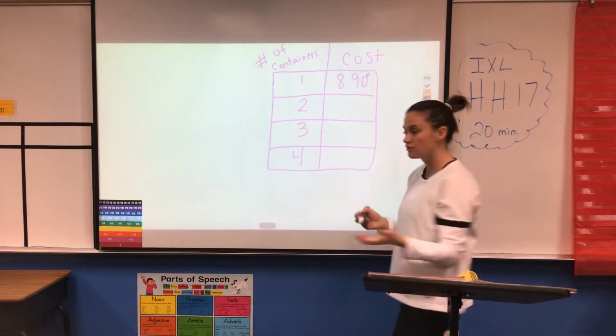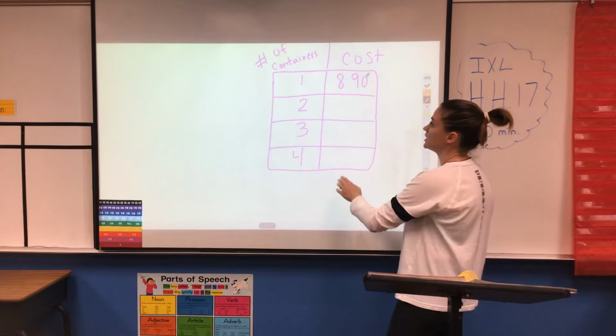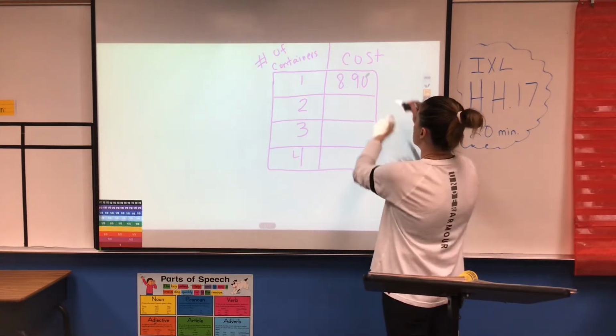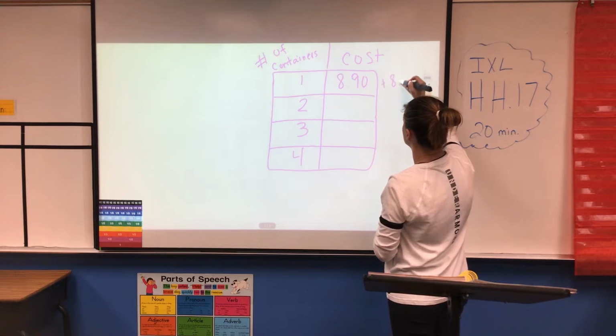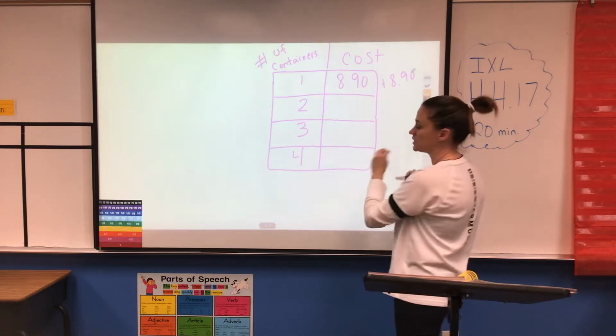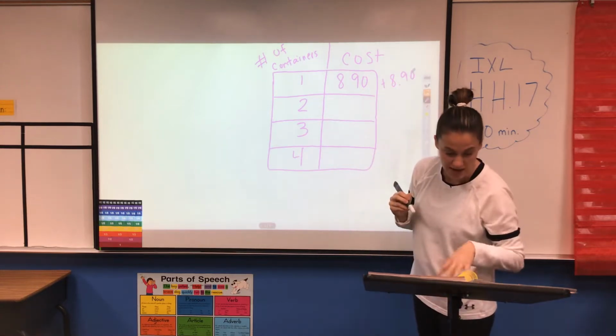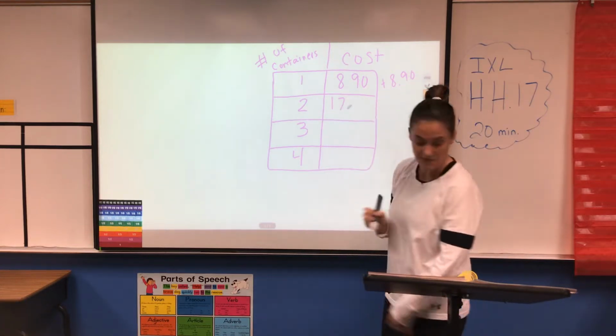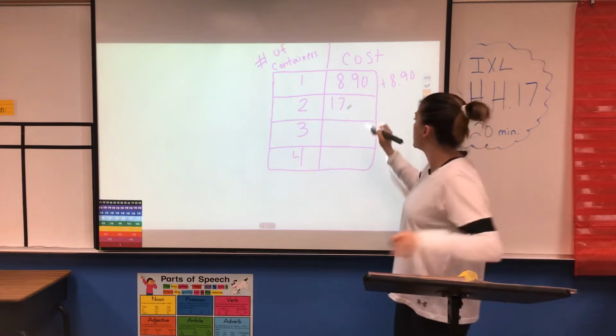So there's a few different ways that you could do this. You can either continuously add $8.90, so you could say $8.90, and then you can add another $8.90 to this one, and you could keep going down in your input table. So if you added $8.90 and $8.90, you would get $17.80.